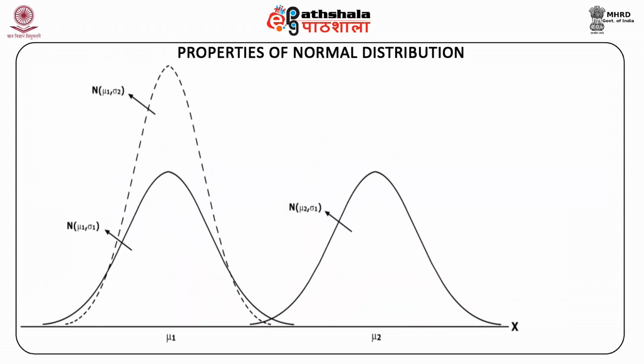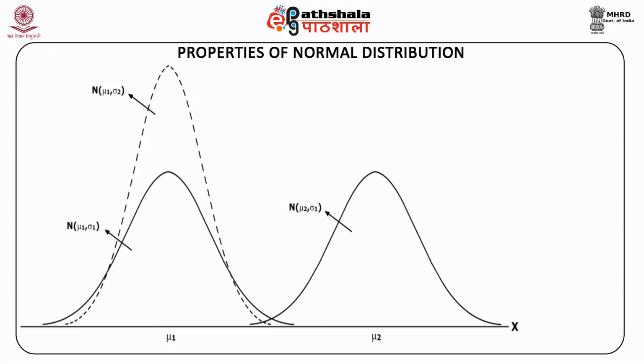The shape of the normal distribution curve depends upon its parameters mu and sigma square. In other words, every normal distribution will have a different shape with different parameters, where mu indicates the central value of the distribution and sigma the dispersion about mean.